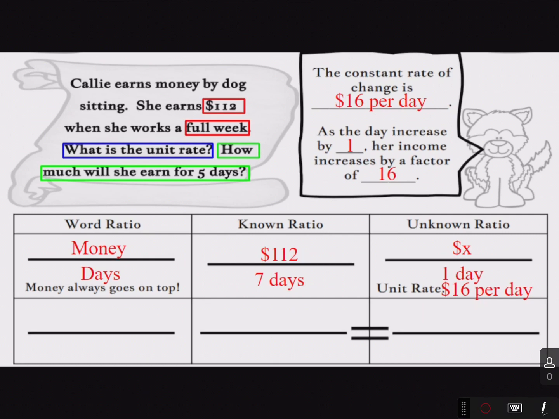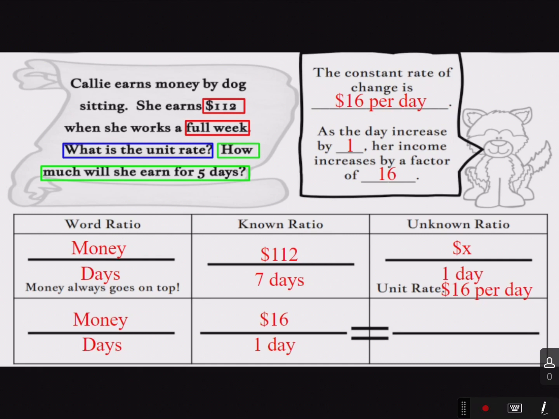Again, we're going to set up our word ratio. It's going to be the same ratio as before because we're using the same pieces of information. So money always goes on the top and the amount of days goes on the bottom. Now for the known rate, we're going to change this to the unit rate, that's $16 per day. So we're going to have the $16 on top and the 1 day on the bottom.